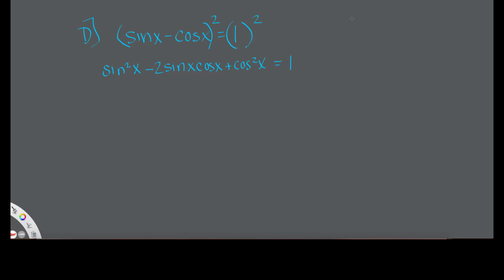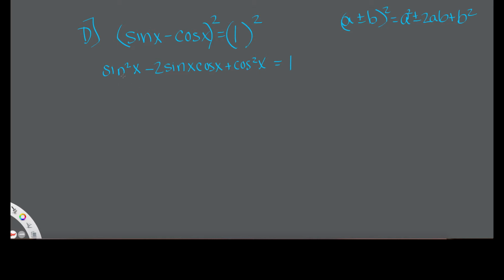That special pattern, in case you don't remember it, says that a plus or minus b all squared is a squared plus or minus 2ab plus b squared. Okay, so that's all I did here. Or you could just FOIL, that's fine too.